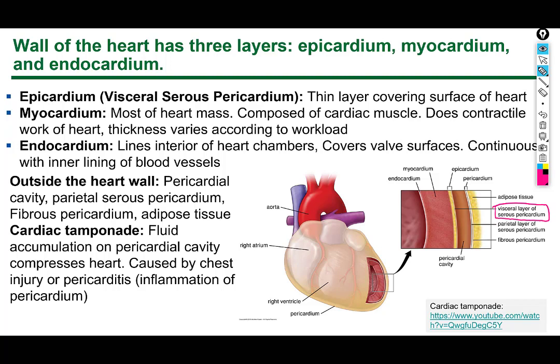In this case, a mixture of loose connective tissue like areolar and fat. Serous membranes secrete serous fluids, which are thin, watery, lubricating fluids, and that's true here as well. The heart is in constant motion, and you want to avoid friction if there's constant motion. So having a fluid that lubricates is really important.